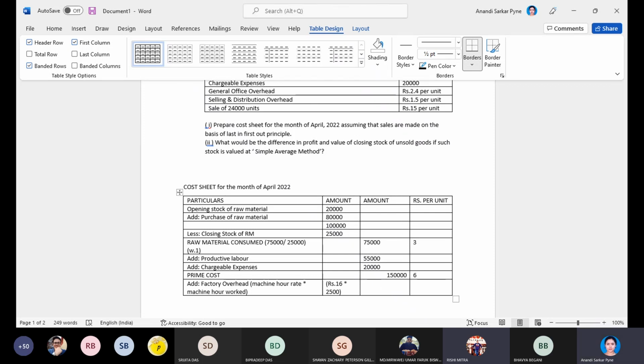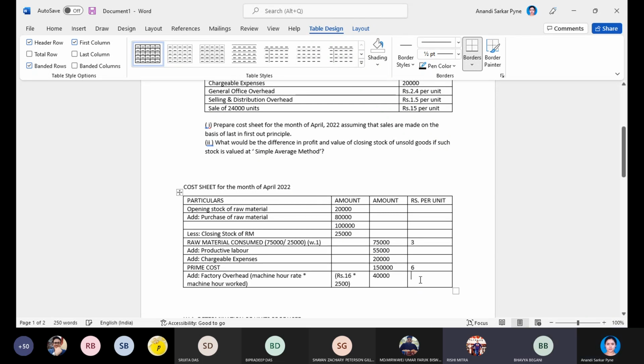We will add that. It is 1.6 per unit. So we get 1,90,000, divided by 25,000, which is 7.6.